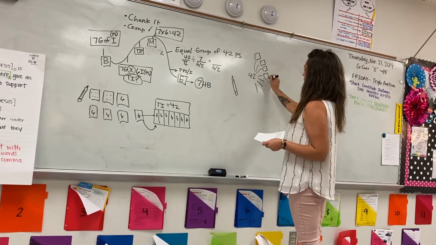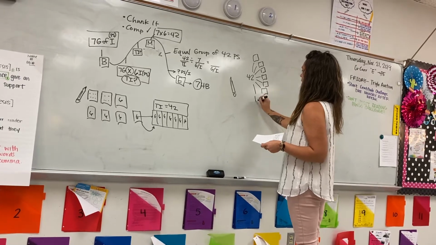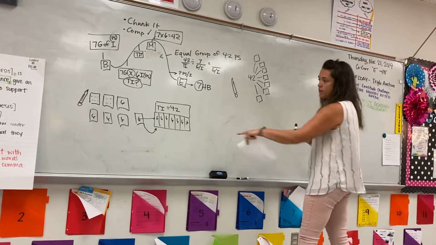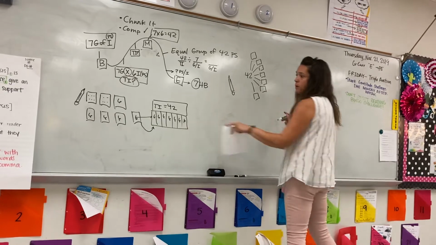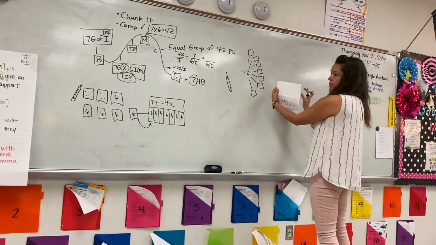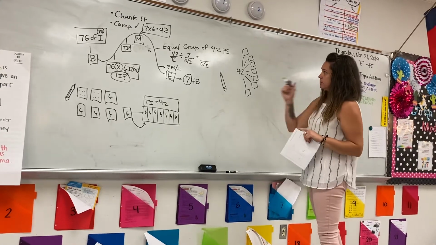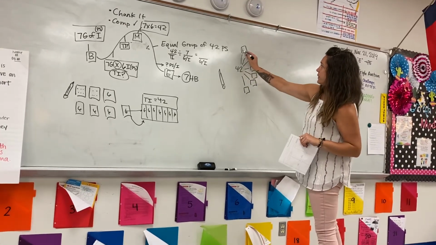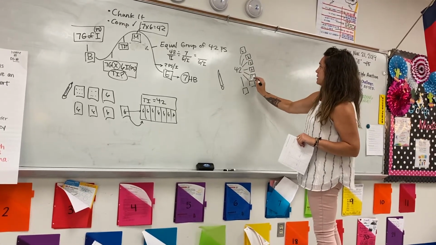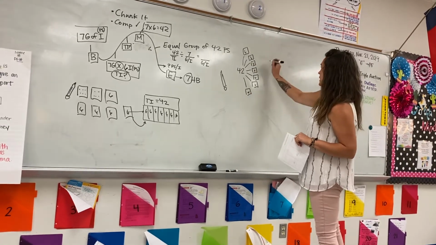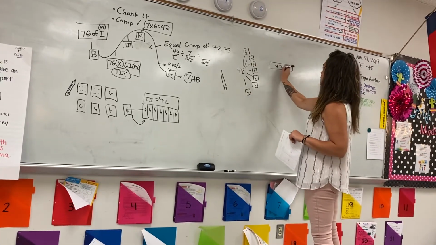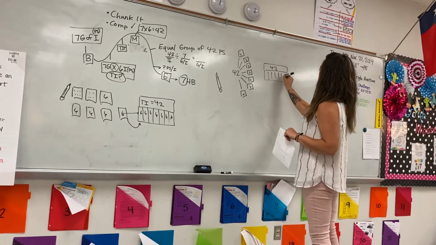And then I did the boxes again, because that is how they understood how to do that. If my equal groups were boxes, then they understood how to put it into the strip diagram. And so they realized that there were 6 pickles on each, so then we could make the strip diagram.